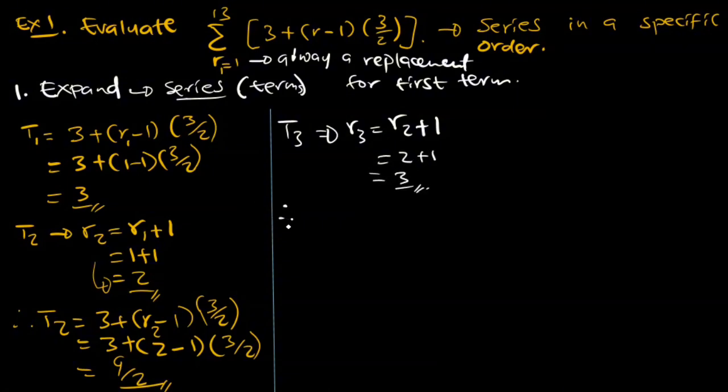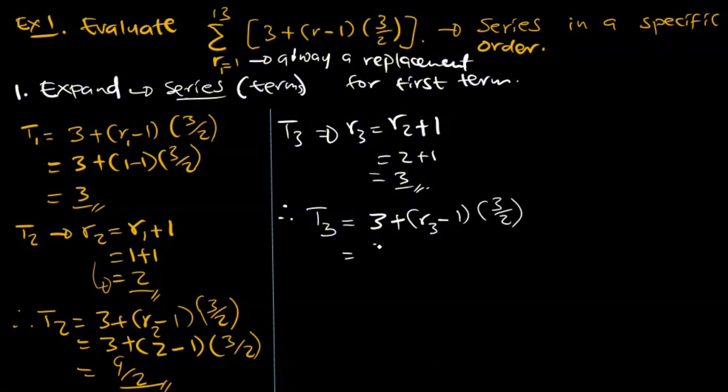Therefore, T3, you take the expression as is: 3 plus (3 minus 1) times 3 over 2.